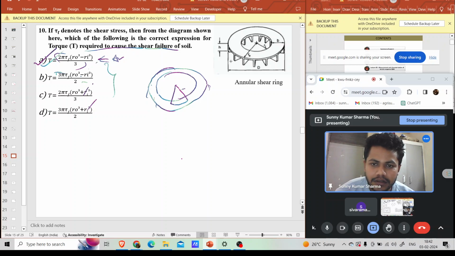If it has some radius r, for an incremental radius dr, and for theta, the length of this arc will be r d theta, and the area of this incremental part is r d theta into dr. This is the area, and shear stress tau F will be this area into the radius.